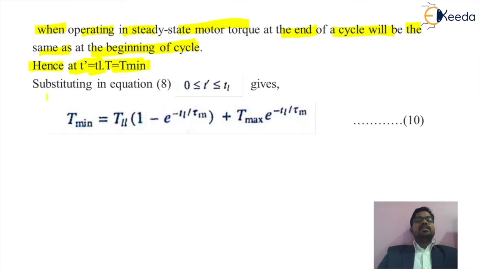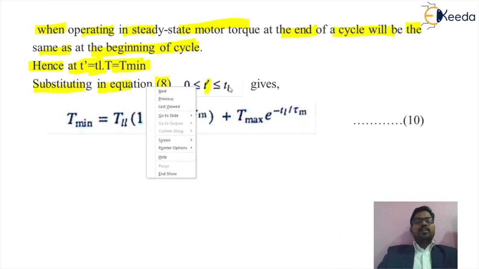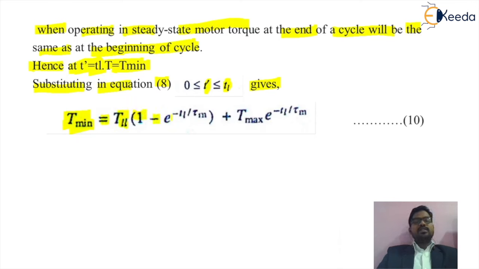So substituting in equation number 8, where T dash is greater than 0 but less than TL, gives one of the important equations: T minimum is equal to TLL in bracket 1 minus e to the power minus TL divided by tau, plus Tmax e to the power minus TL divided by tau.